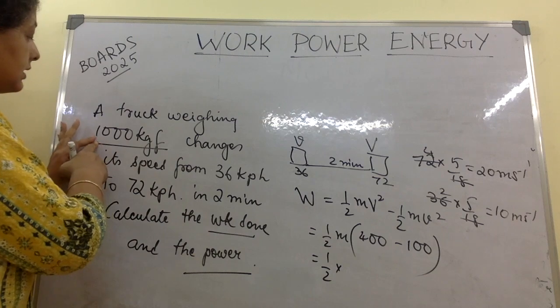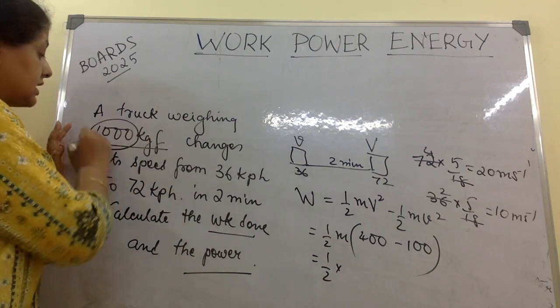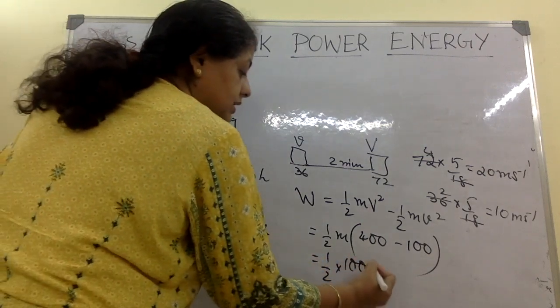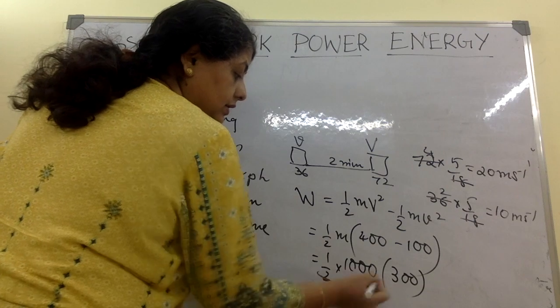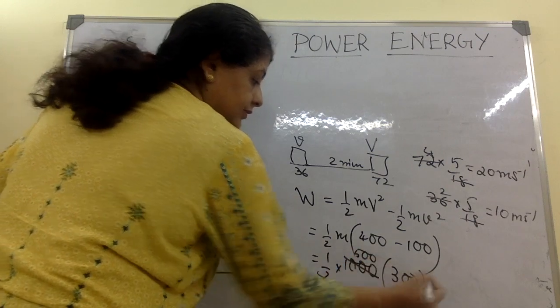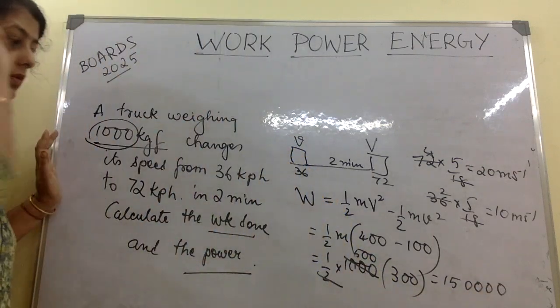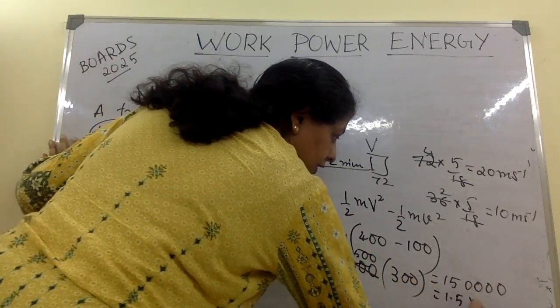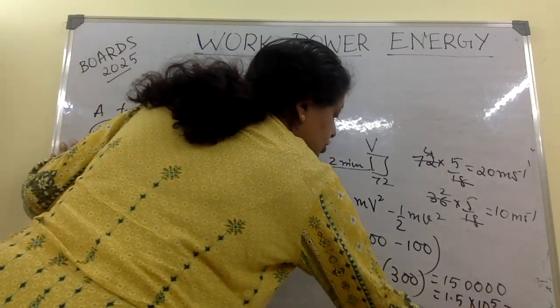M is, see, if it is this much kgf, then the mass is only the number part from kgf into 300. That makes it 15. So it is 1.5 into 10 to the power 5. We are finding work, so it is joules.